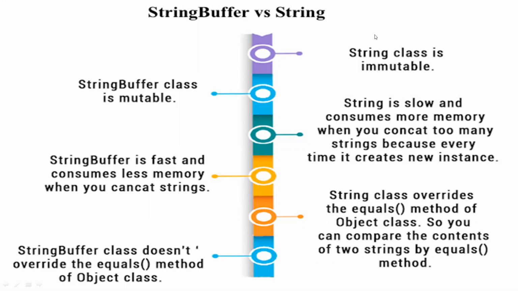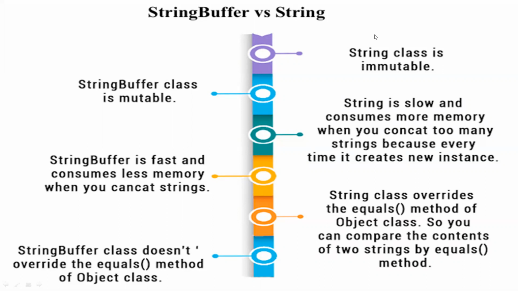Next one. The string class overrides the equals method of the object class. So you can compare the contents of two strings by the equals method. For the equals method, we call equals on one string and pass another string. For example, there are two strings s and s1.